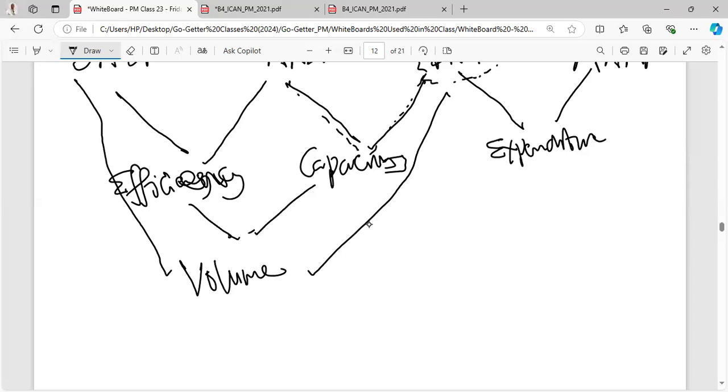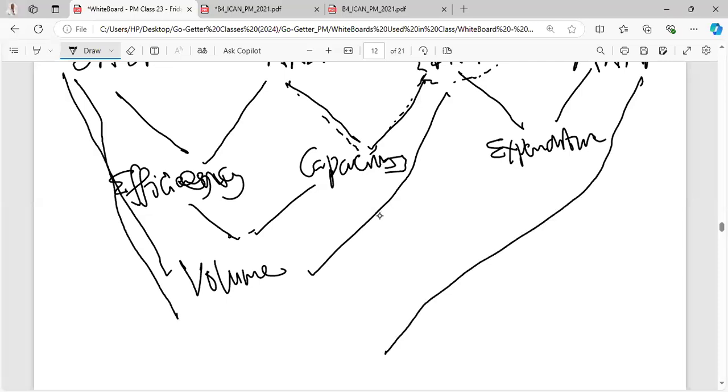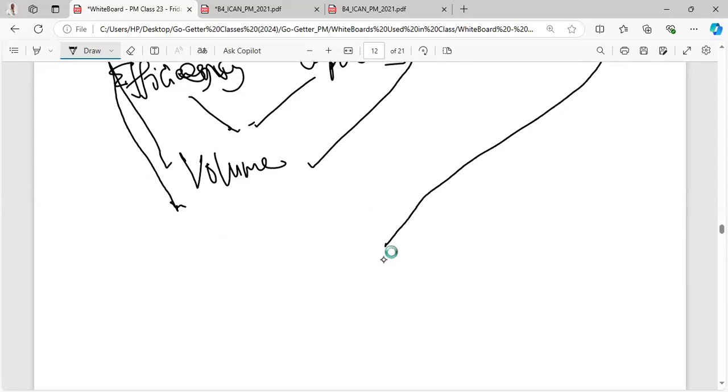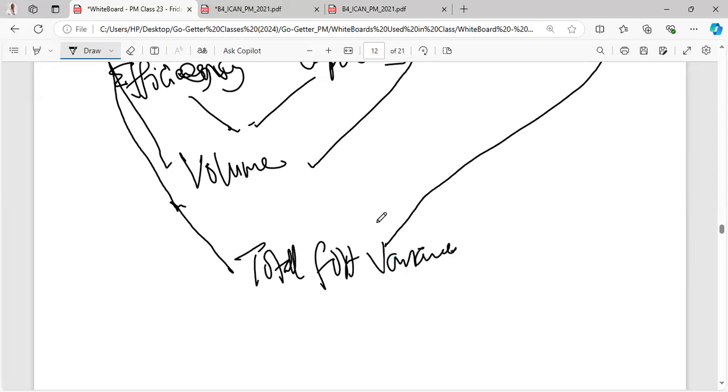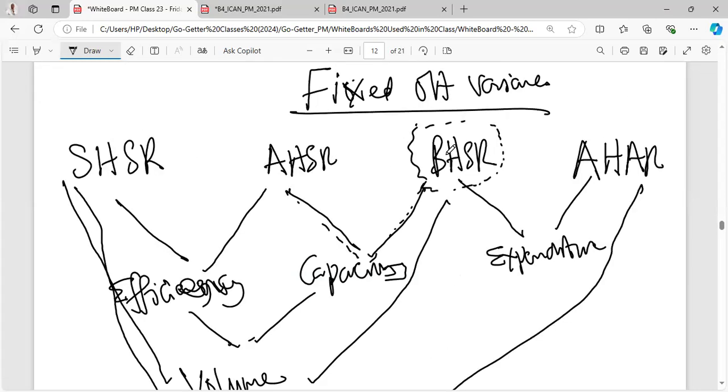Whereas this and this give us our total fixed overhead variance. So you see here, the thing that we had before, when we had variable overhead, we only had this, this, and this. And we have efficiency between this and this, which is still the same formula.